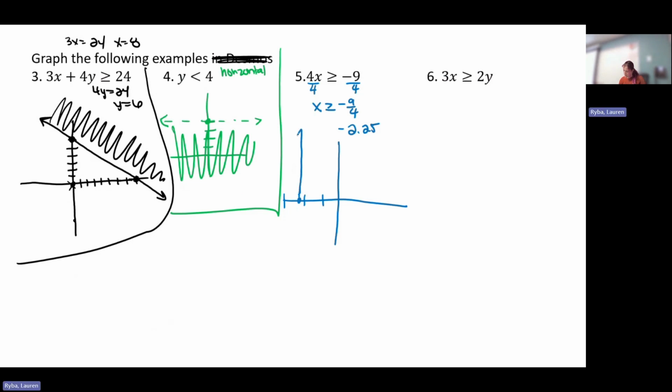Nope, that's a solid line, sorry. Make that solid because it is greater than or equal to. All right, this is the only one that doesn't have an above and below. Where are x's greater? Do I want to go to the right or to the left? To the right.